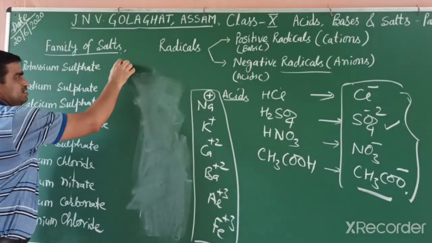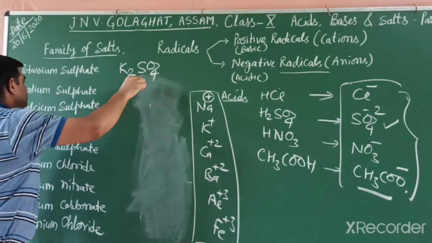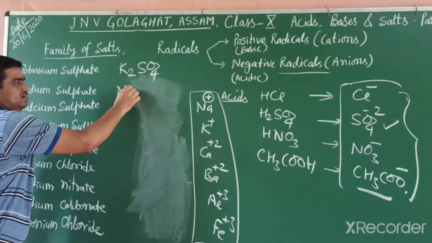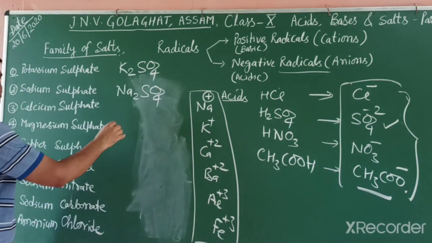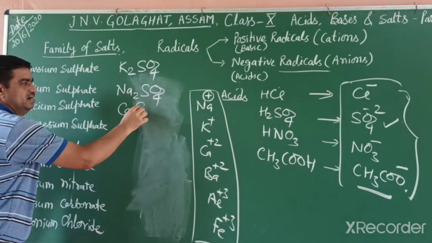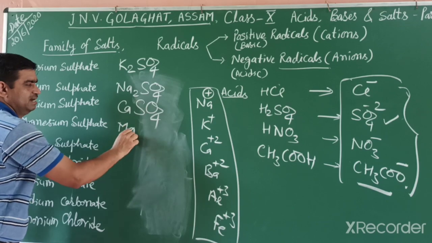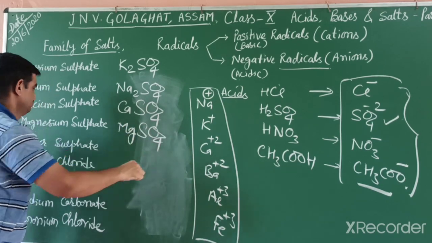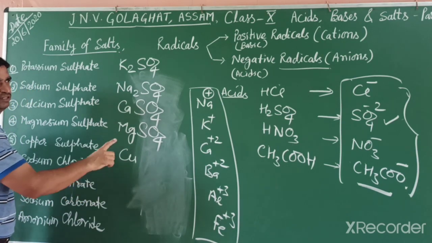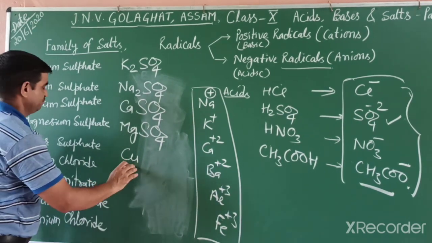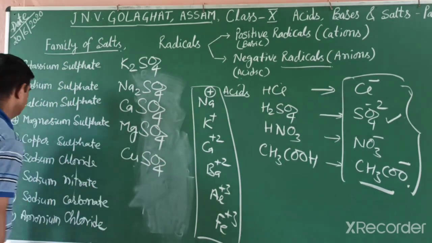So this salt is potassium sulfate, K2SO4, sodium sulfate, Na2SO4, calcium sulfate, CaSO4, magnesium sulfate, MgSO4, copper sulfate. Copper has two types of charge. This one is copper plus 2, cupric sulfate, or copper(II) sulfate. That is copper sulfate.